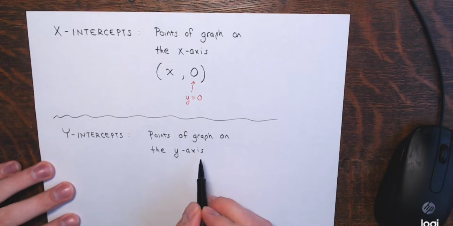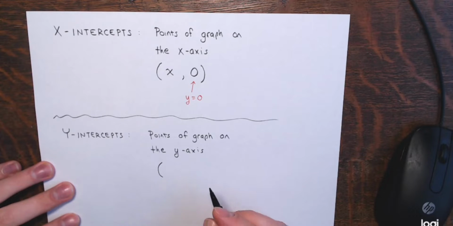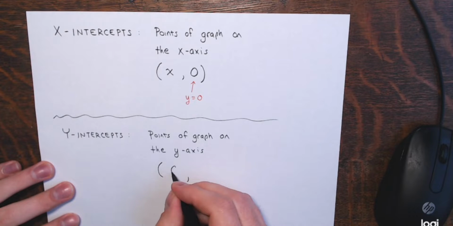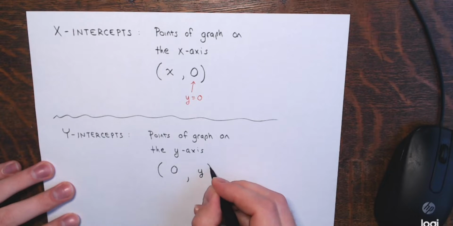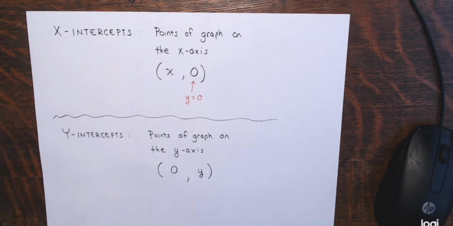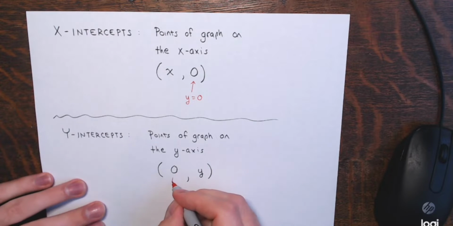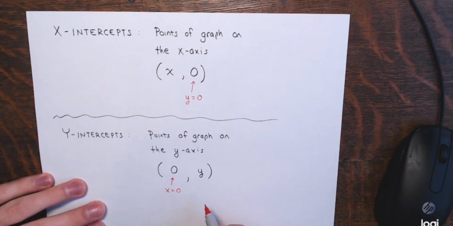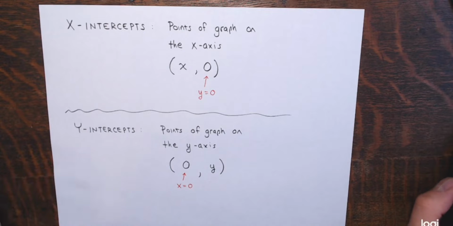So that means their ordered pairs are going to look like this. It'll be 0 for the x and then some y value. But the key here is that the x coordinate is going to be 0 for points on the y-axis for the graph, or any solution that's considered a y-intercept.